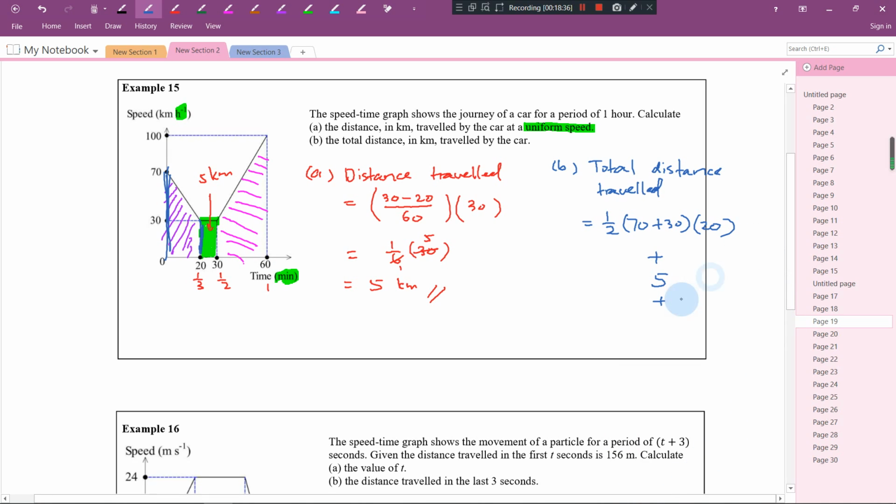Okay, I don't have enough space, so I write this way. So this is for this part, and this for this part, and the last one is for this part. Trapezium again, don't forget, start with 1 over 2, and then find the sum of 2 parallel sides. In this case will be here and here. So this is 30 and this is 100.